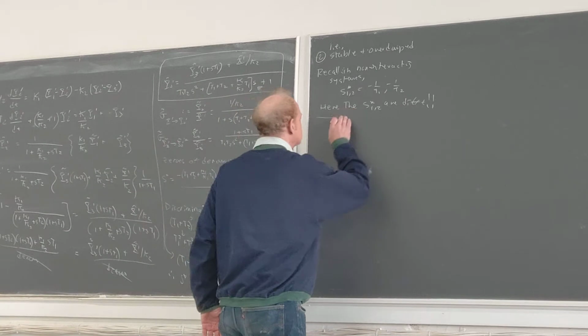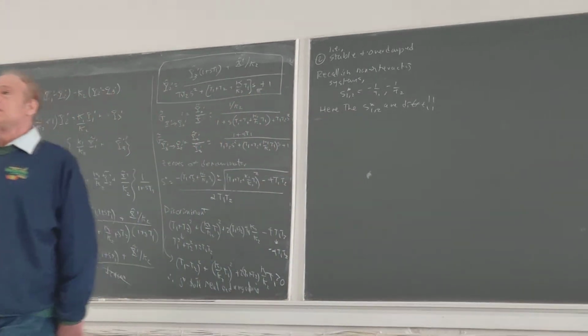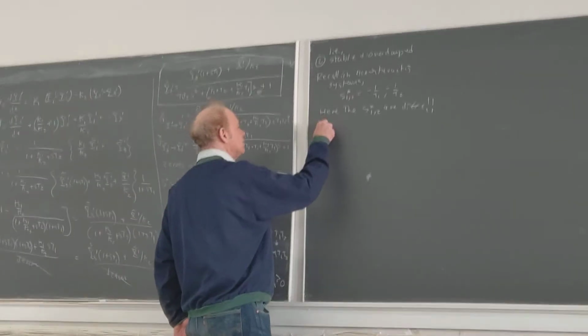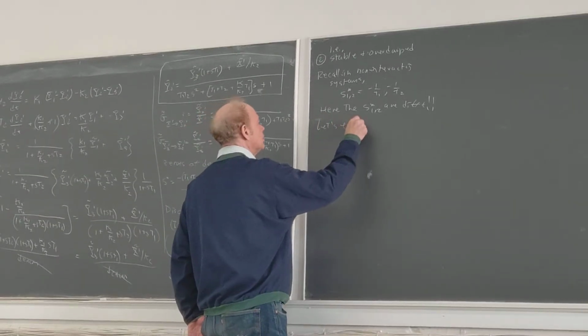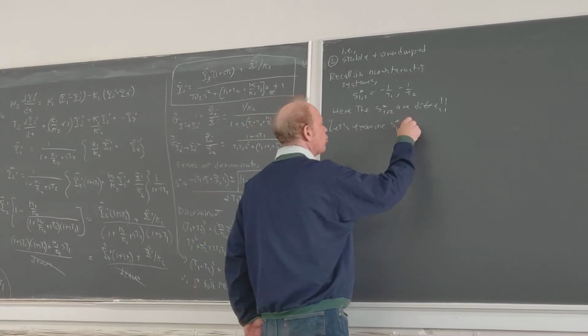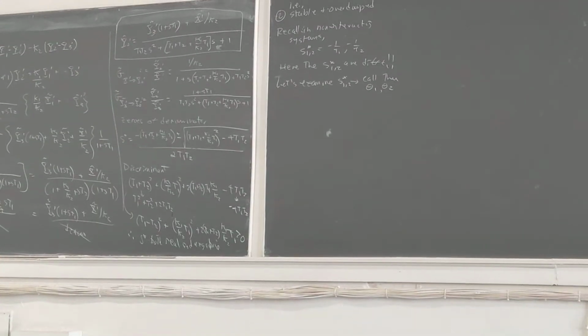So let's examine S1 star and S2 star, and let's call them theta 1 and theta 2, just so I don't have to carry around the 1 and the star.